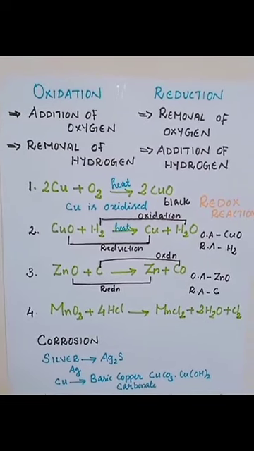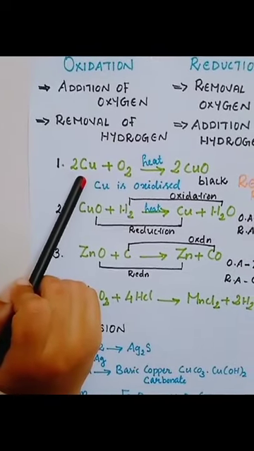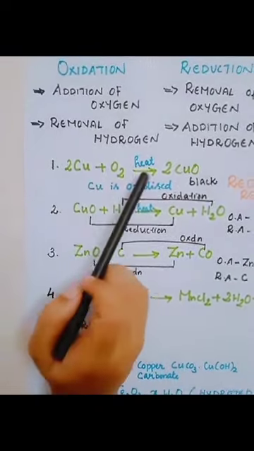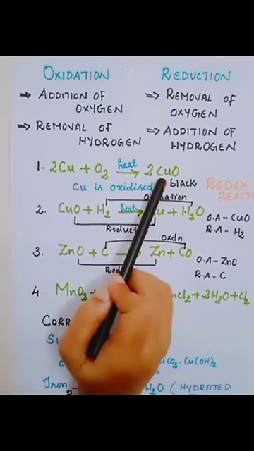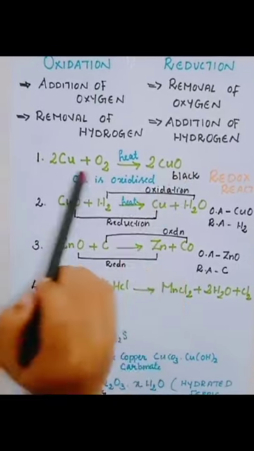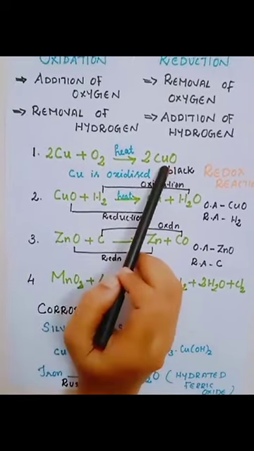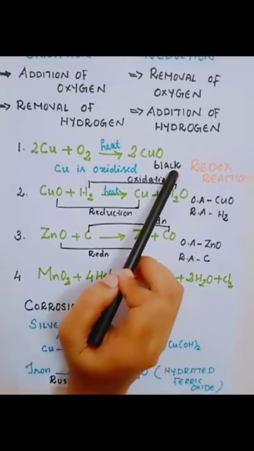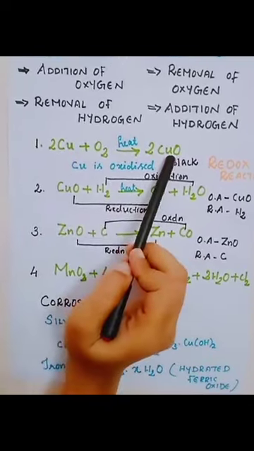In your textbook, the first activity given is heating copper. Copper is a brown colored element. On heating, that is reaction with oxygen, it changes to black colored copper oxide. Here in this equation, copper changes to copper oxide.